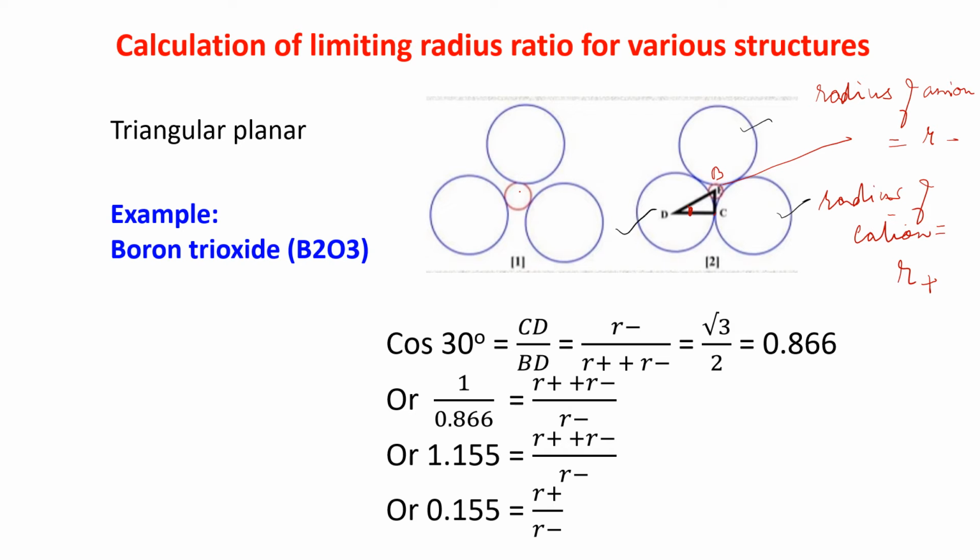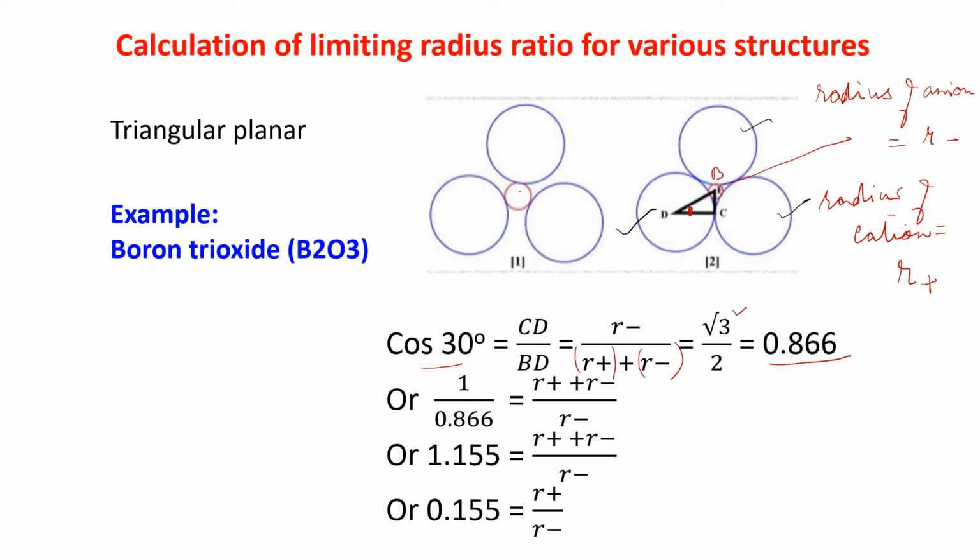So it is r minus divided by BD, which is the radius of the anion plus radius of the cation. So it is coming r plus r minus. You can write it within a bracket also. Now the value of cos 30 is root 3 by 2, which is coming to 0.866.